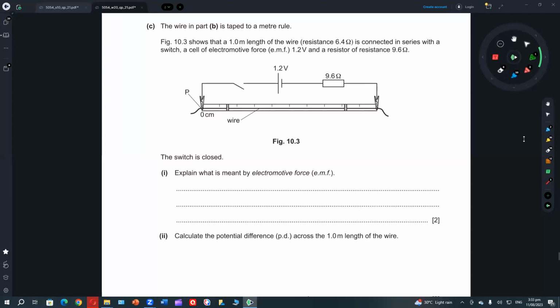Now it looks to be a wire circuit. 1.2 volt is the voltage, 9.6 is the resistance. The switch is closed. It means circuit is on.